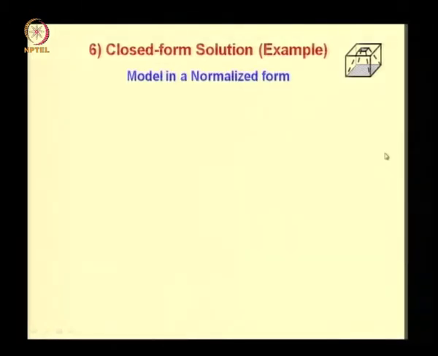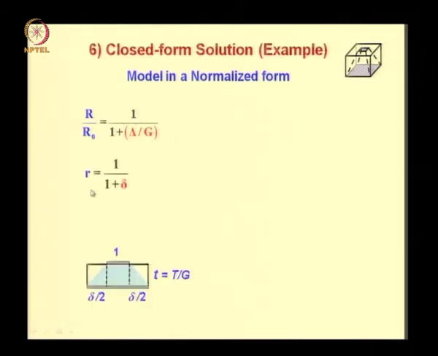Now let us look at the model equation further. Let us write it in a form that is referred to as a normalized form, which is a very compact form. So R by R naught equal to 1 by 1 plus delta by g can be written as small r, which represents the dimensionless ratio of the resistance to the value of the resistance when extension of the bottom contact is 0.